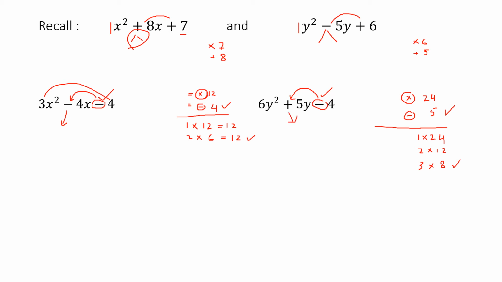Take care when you are placing numbers. Always try to write the bigger number first. Make this a rule, and then change this sign. It was minus, now it will become plus, and the next factor is 2x, and the same minus 4.